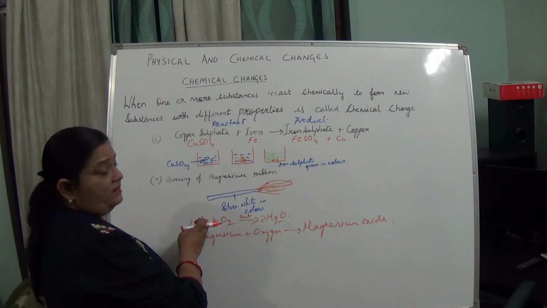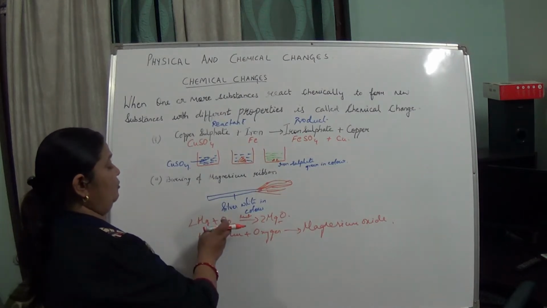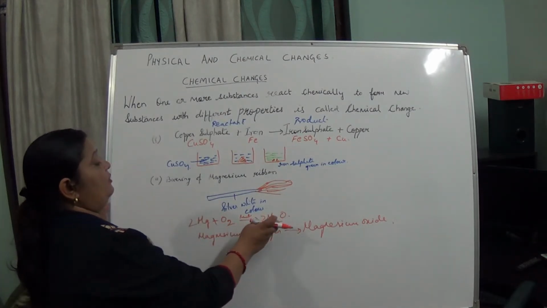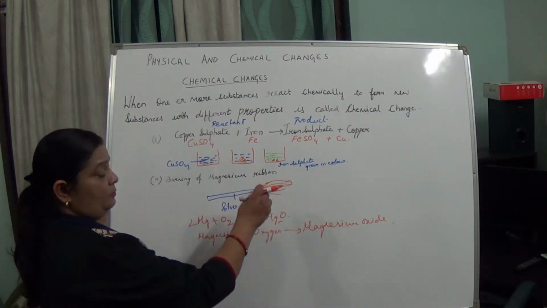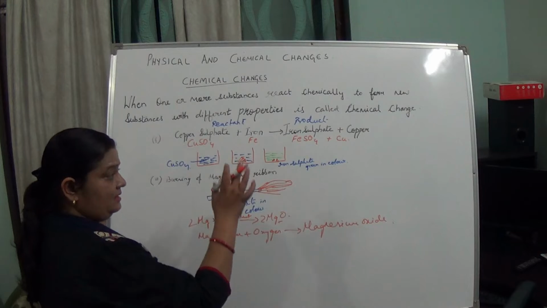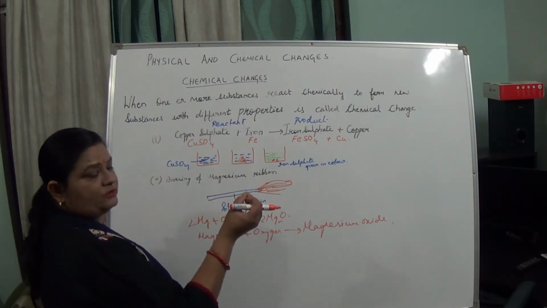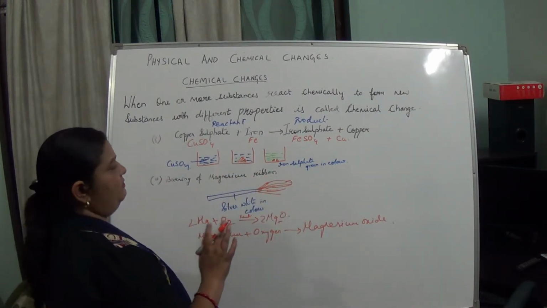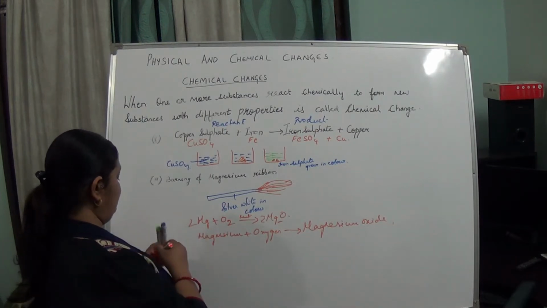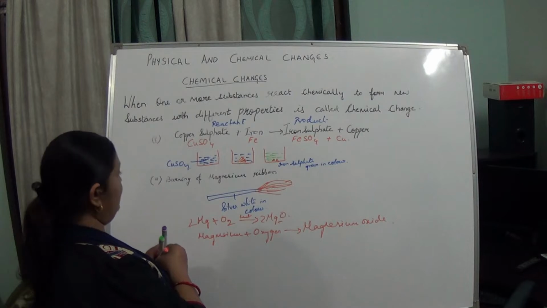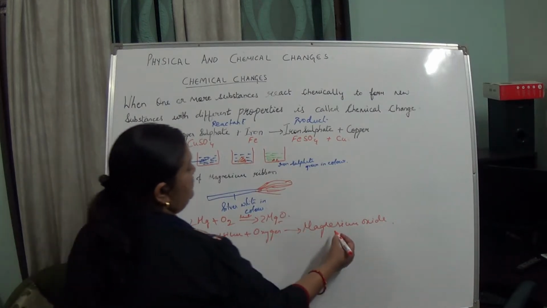If you bring red litmus over the magnesium, nothing will happen. But when you bring it over the magnesium oxide, if it is moist, with some water, you will see that the moist red litmus paper turns blue in color.